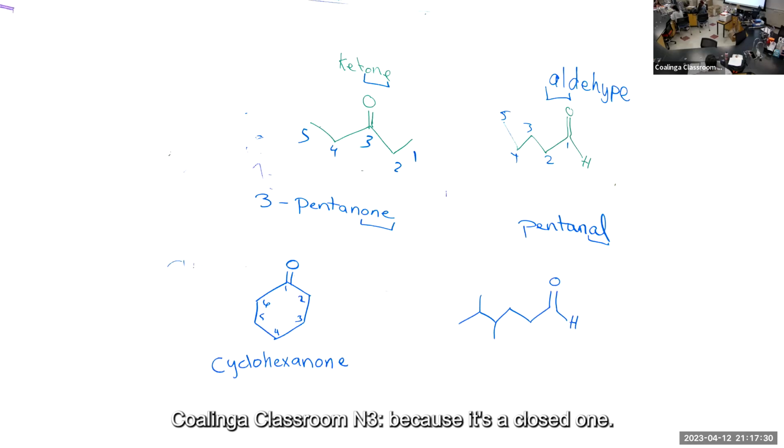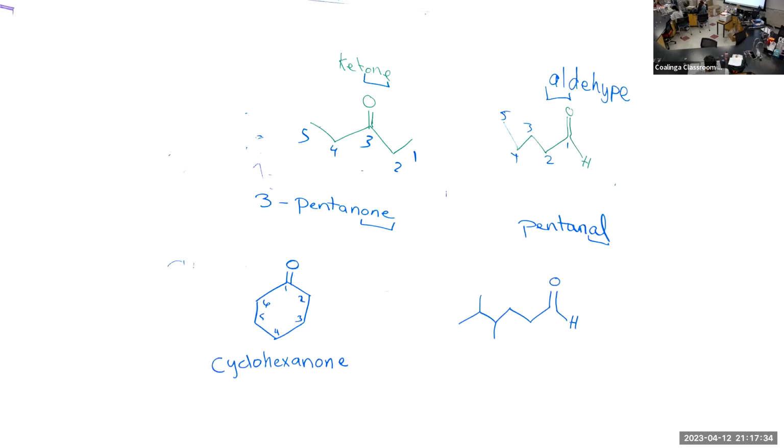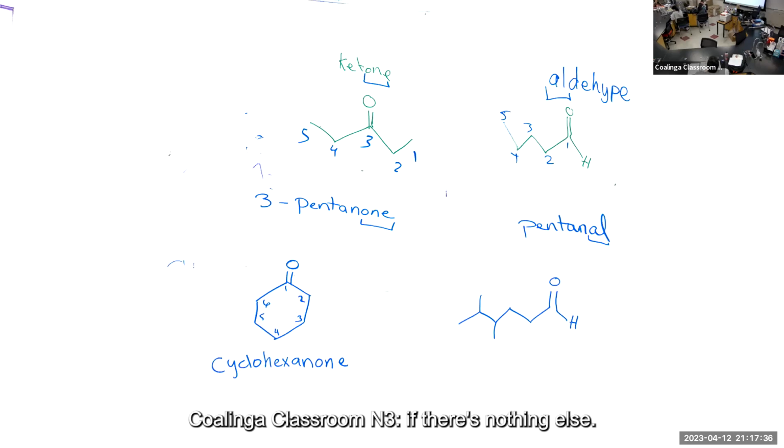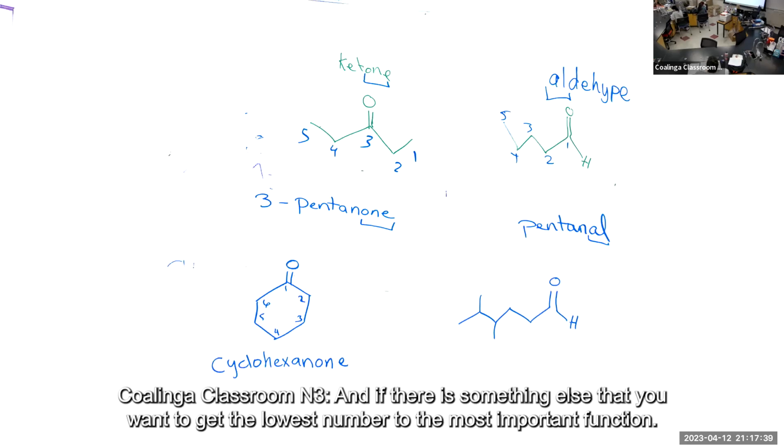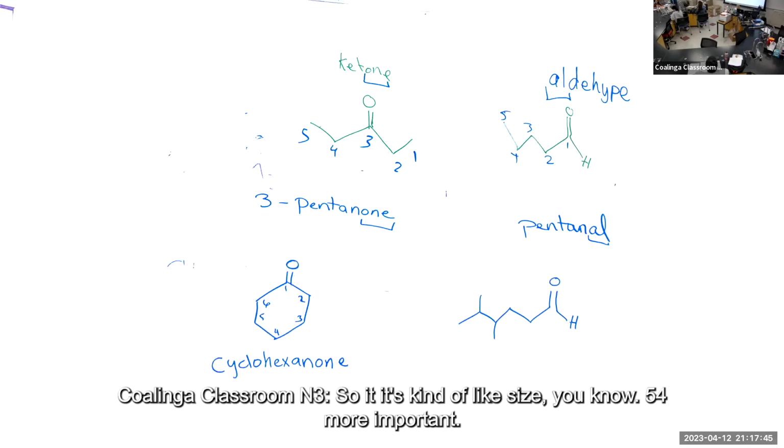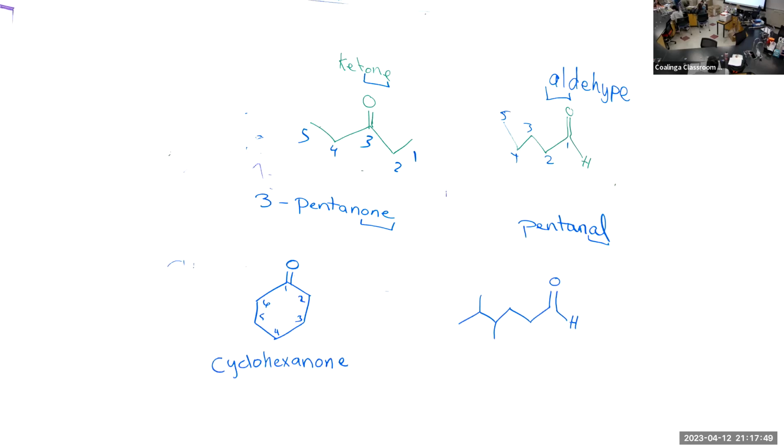Because it's a closed one, you always start at the function, you always start at 1 if there's nothing else attached. And if there is something else attached, you want to give the lowest number to the most important functions.